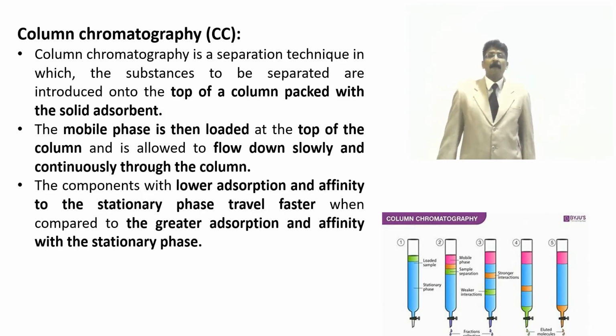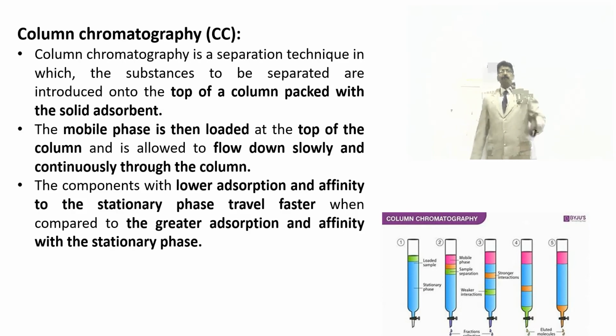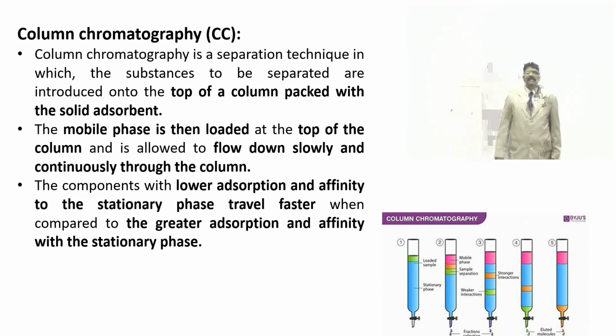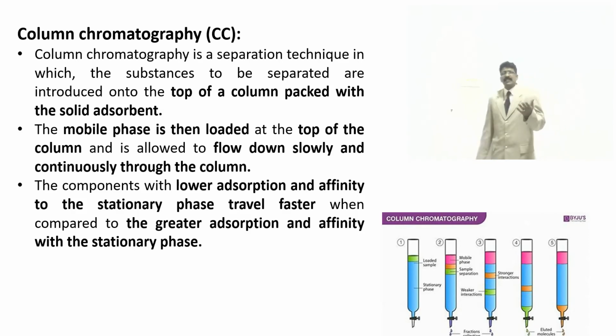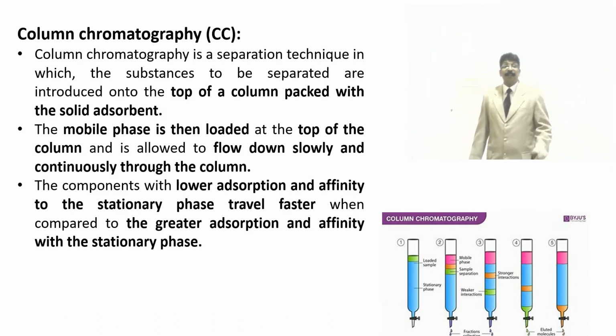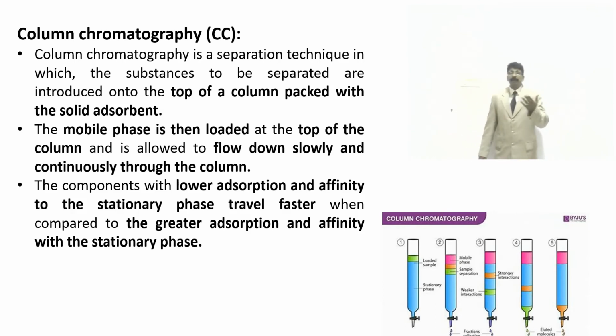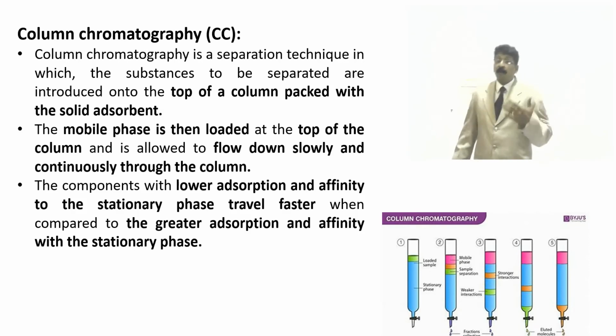The component with low adsorption, a theory which you might study, and low affinity to the stationary phase travels faster. It has low adsorption capacity, so it moves faster when compared with the component having greater adsorption affinity towards the stationary phase. Greater affinity will have slower movement, lower affinity will have faster movement.